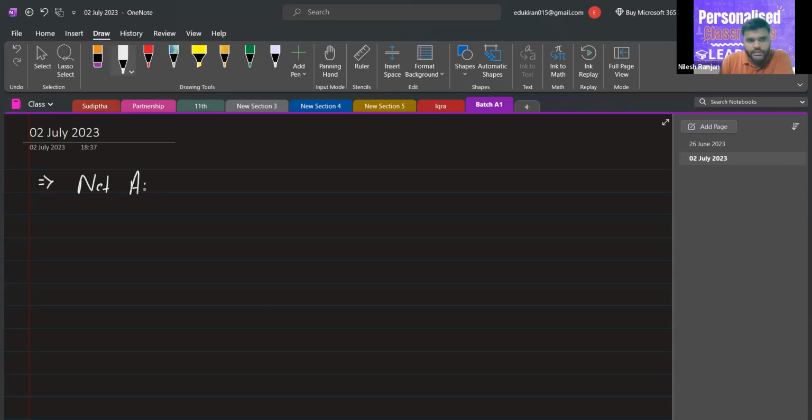Net asset turnover ratio. So you know the meaning of fixed assets, you know the meaning of current assets. Can you tell me the meaning of net assets?